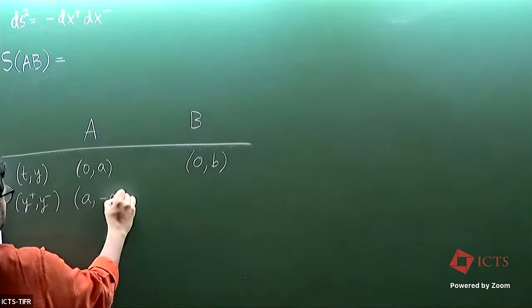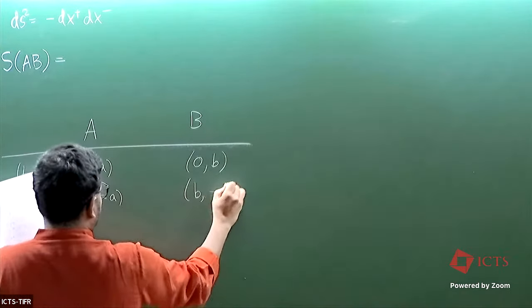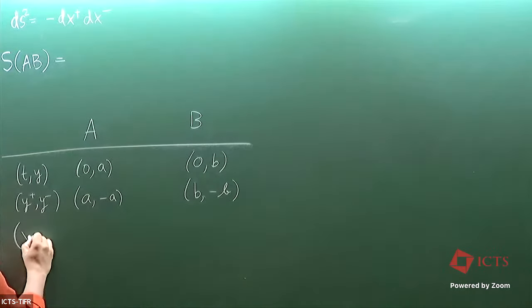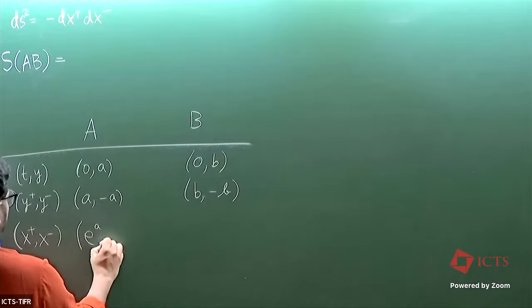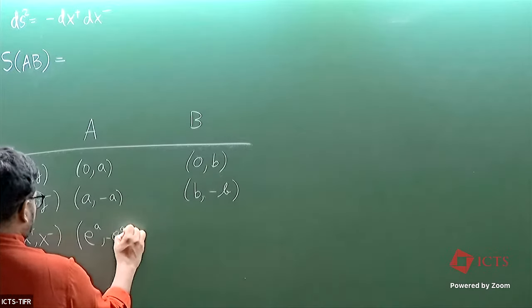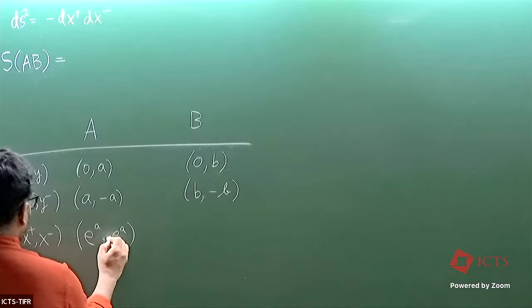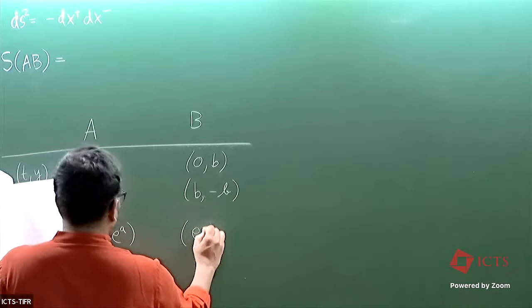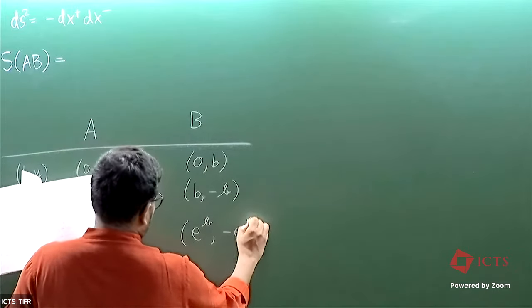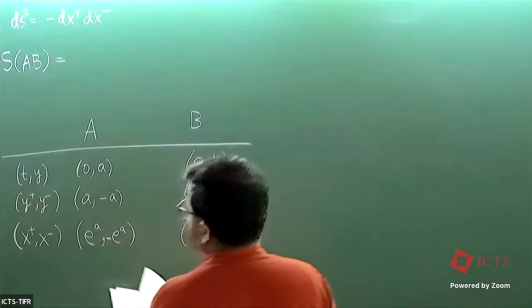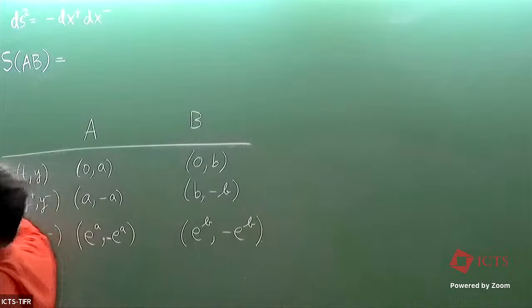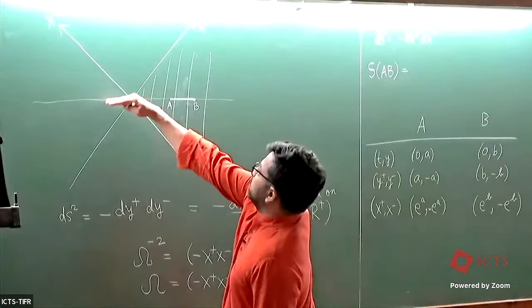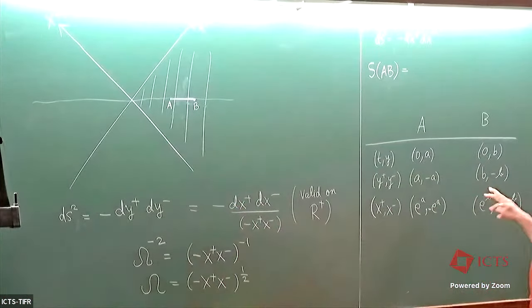It's A and minus A, B and minus B. So the x plus x minus coordinates are e to the A, minus e to the minus A, and e to the B, minus e to the minus B, right? We can check that these two had to add up to 0 because this line is x plus plus x minus equal to 0.